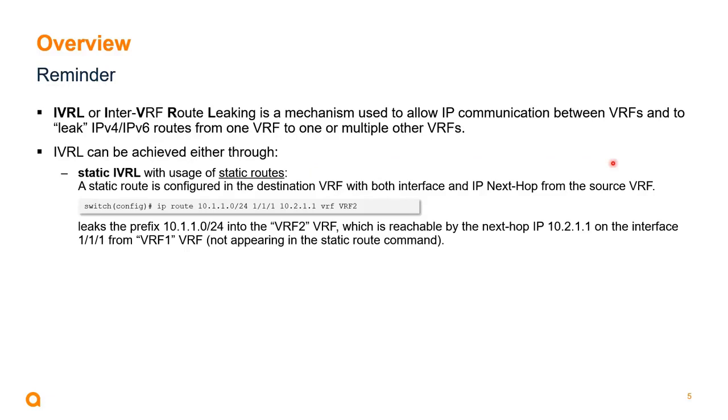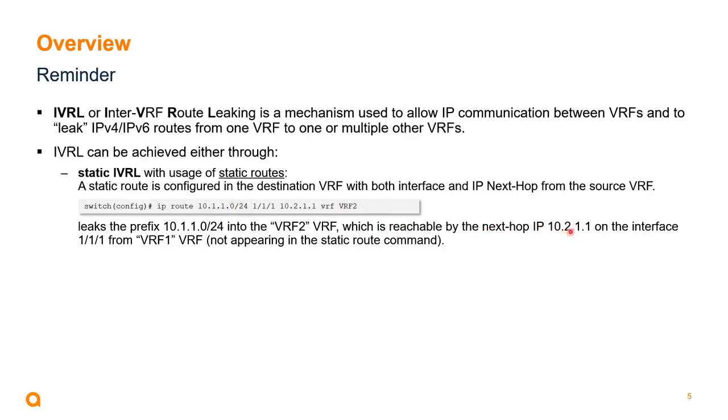First, we used to use static IVRL with static route. So a static route is configured in the destination VRF with both the interface and the IP next hop from the source interface. So that's very important. In this example here, we are going to leak the prefix 10.1.1.0/24 into VRF2 with the fact that the next hop is reachable.